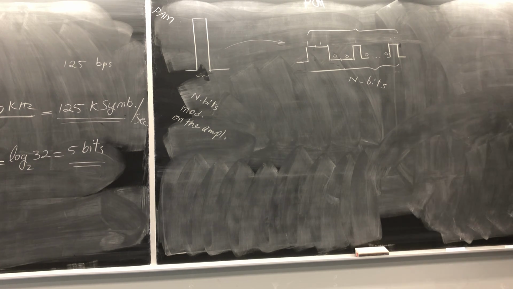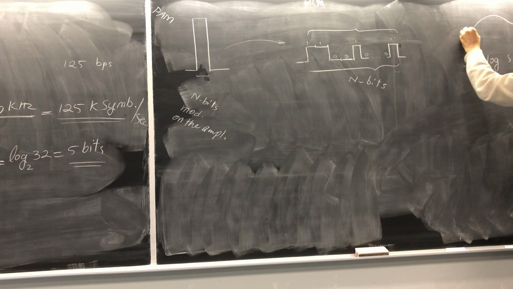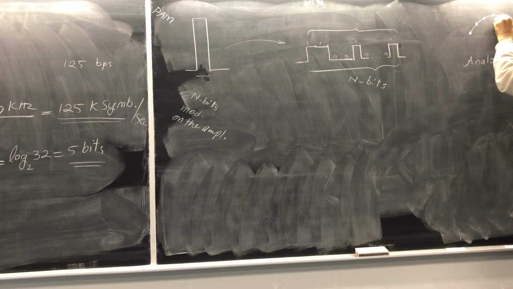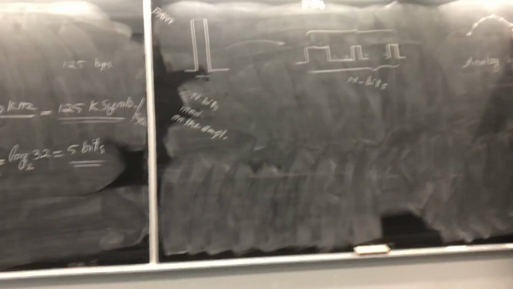See, the problem starts with this. An analog signal in PCM format. Let's assume that this is our analog signal. This signal is sampled with a uniform sampling rate.